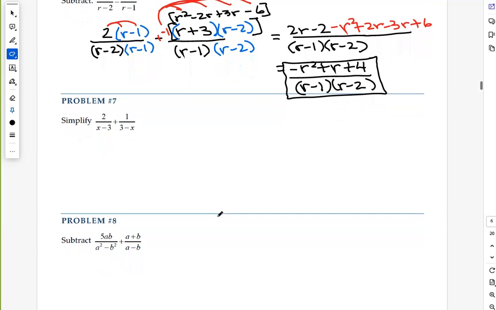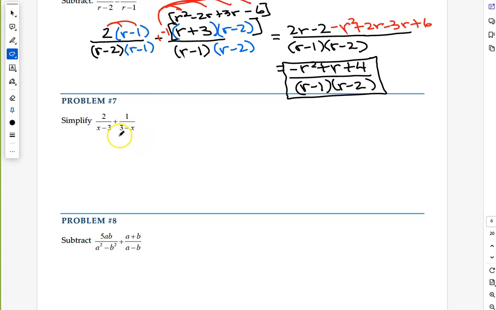Okay. So on this next one, the only thing that I want to caution you on is that notice how these two are not exactly the same. This one is not in descending order, and I tell you that it will be easiest if you always make sure that you put those in descending order.